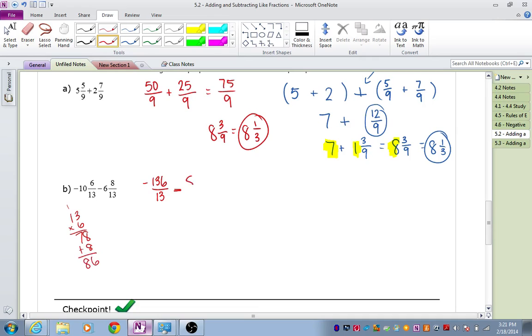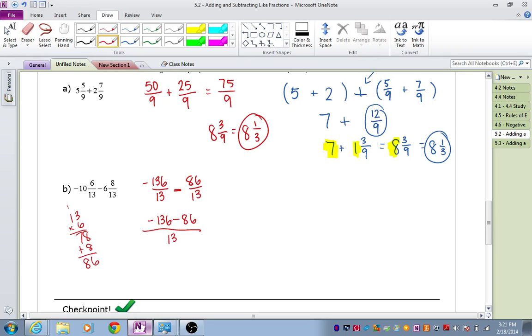So we're going to subtract 86/13. And I'm going to rewrite this, okay, with that extra step I mentioned before. So negative 136 minus 86, I'm subtracting the numerators, over 13.